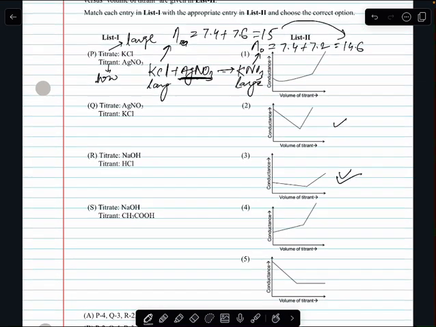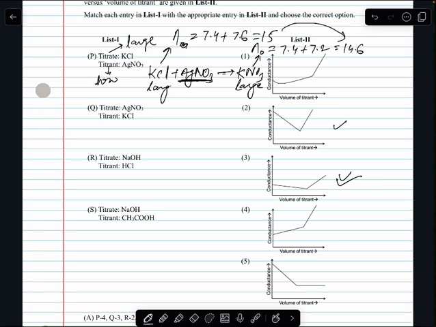Now if I talk about AgNO3 and KCl, AgNO3 will be in the solution which is of large volume, and as KCl is added we are producing KNO3.